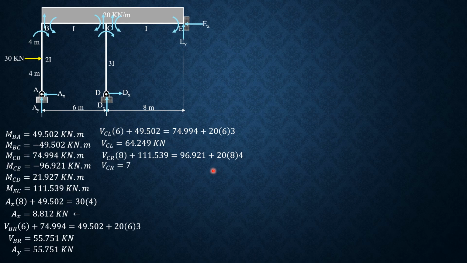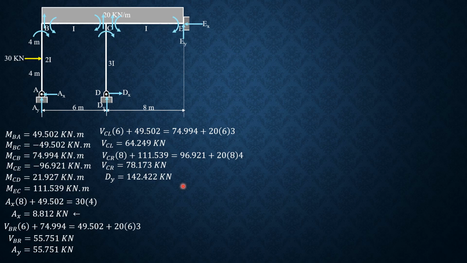So shear at C just to the right is equal to 78.173 kilonewtons. If you draw a free body diagram of this column and transmit these shears, then DY is the sum of 64.249 and 78.173.